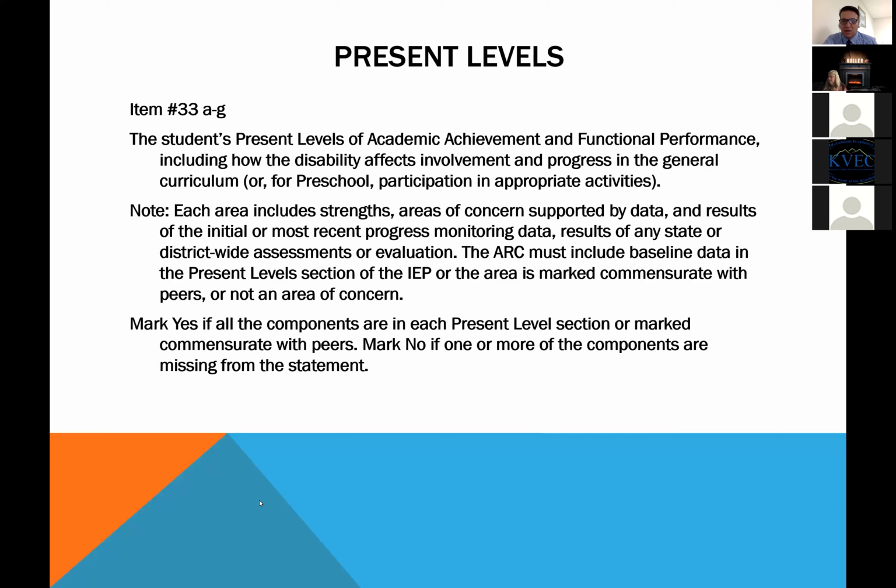The one thing I wanted to talk about a little bit here was the fact that we're really looking hard at adverse effect statements, and we want to dig into the standards and find out what that similar grade performance is, or that similar performance is for that age of that student. So we're comparing where they are, and we're showing the adverse effect of the disability due to the fact that they're behind either in academics or functional performance.